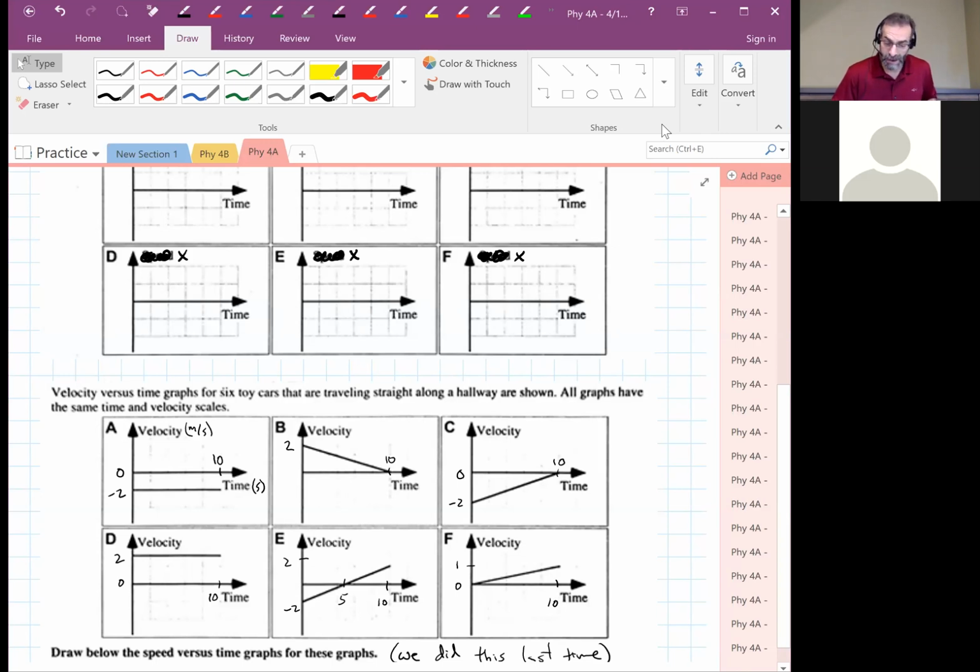Okay, so let's talk about this one, and then I'll give you some time to do some of the others. What we're looking at, of course, is the area under the curve. Remember, when we go from position to velocity, we look at the slope. And when we go the other way, we look at the area, we integrate. Going from position to velocity, we take a derivative.